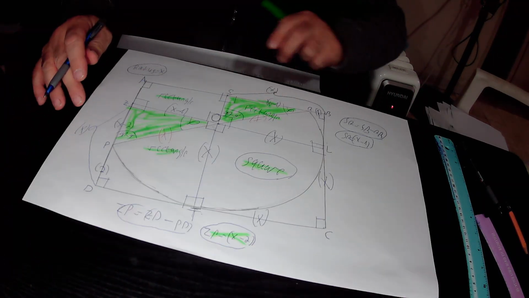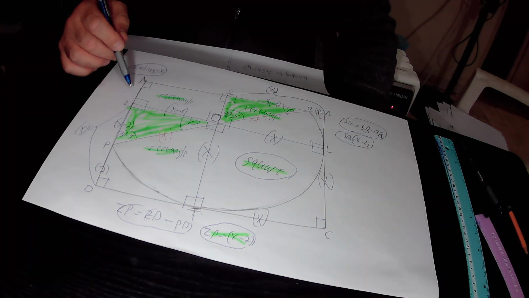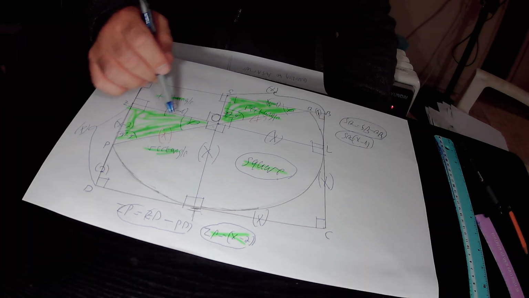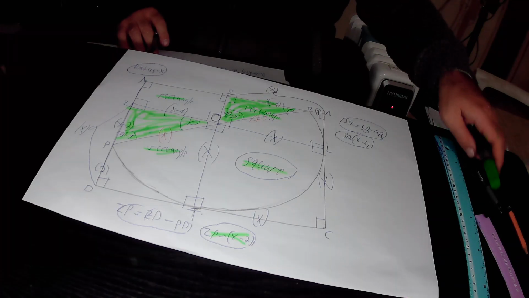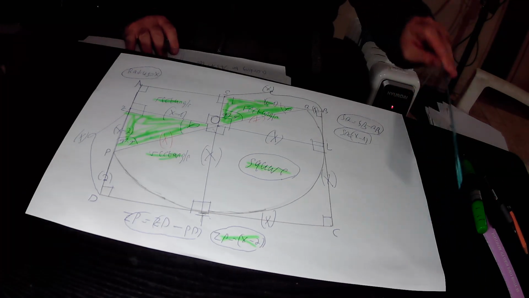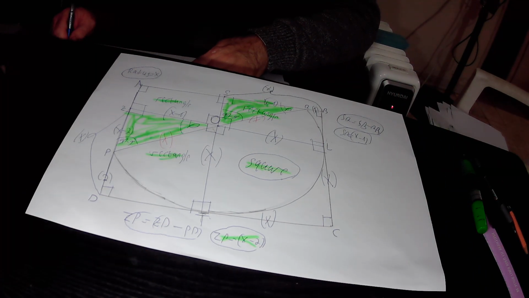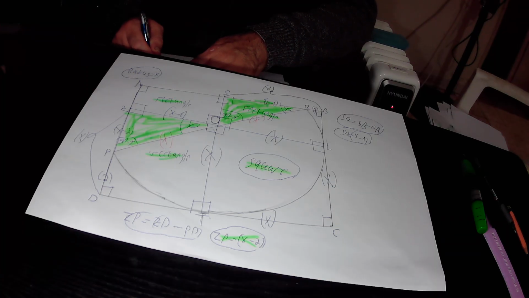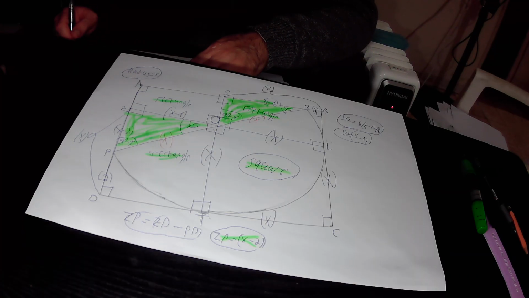In the next step, we will implement the Pythagoras theorem on this green right lower triangle, triangle ZOP. According to the Pythagoras theorem, in any right triangle, the square of the hypotenuse equals the sum of the squares of the perpendiculars.